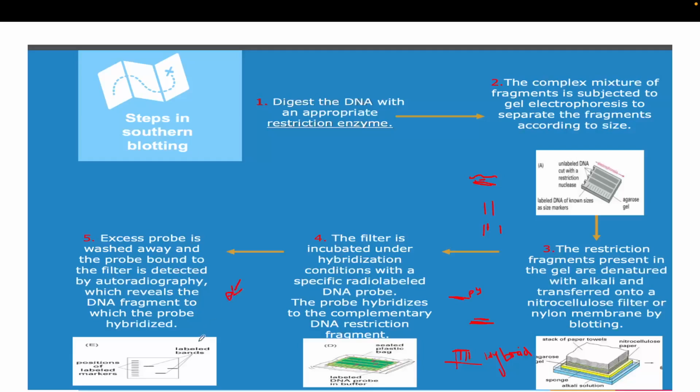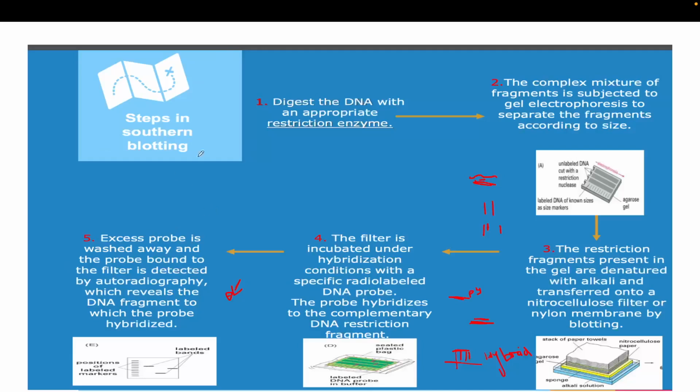This signal can be detected by the autoradiography machine, and it will show you where the result bands of your DNA sequence are. This is the target band, which is labeled with the radioactive molecule. So this is the complete procedure of Southern blotting.